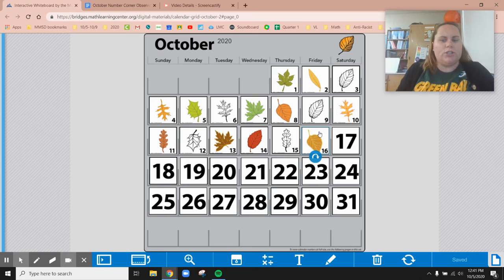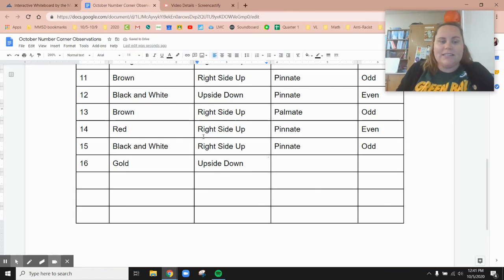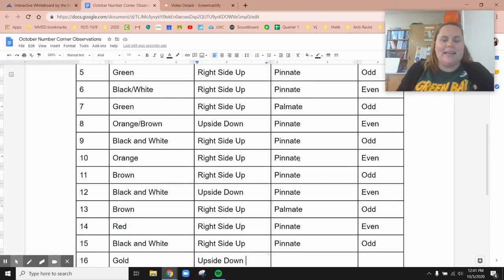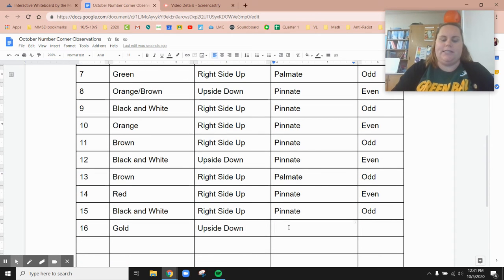Oh, you know what we could do? We could look back at 8 and see what we wrote for there. Look back at the data we already collected. 8 is a pinnate leaf. So I'm going to write that too. It also confirms our idea that you have to have 5 pinnate leaves in a row to have a palmate. We're only on number 3, so we have 2 more to go.